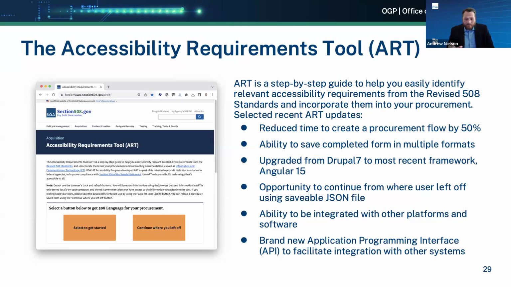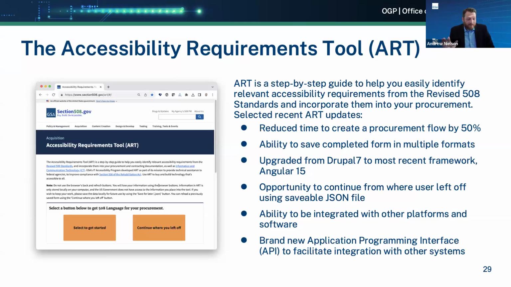But the tool also will produce solicitation language that you can copy and paste right into your statement of work or elsewhere in your contract, to make sure that those are part of a contract if you're soliciting either a quote for a particular product or set of products, or a bid or proposal for delivery or development of products.